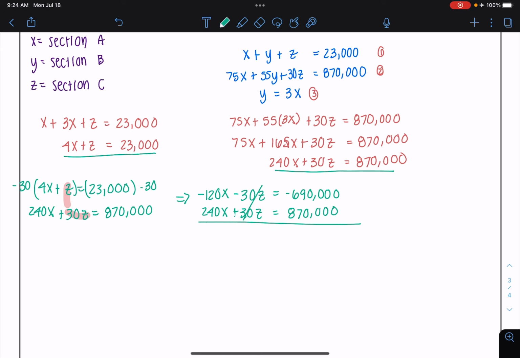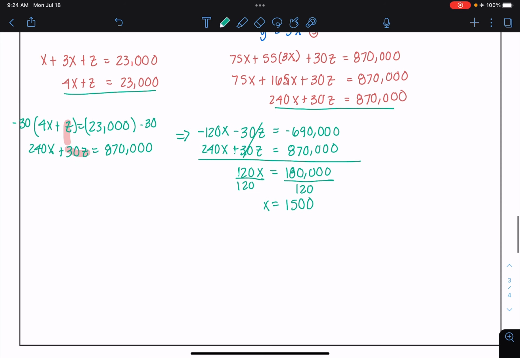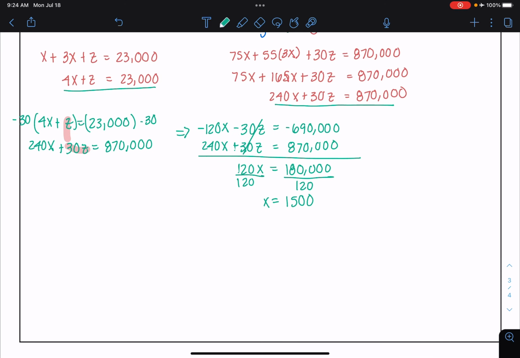And so my Z's cancel, and I get 120X is equal to 180,000. Divide both sides by 120, and I get that X is equal to 1,500. And so from here, I can go ahead and plug this back into either one of these equations to find my value of Z. I'm going to plug it into the first equation, just since that deals with smaller numbers.